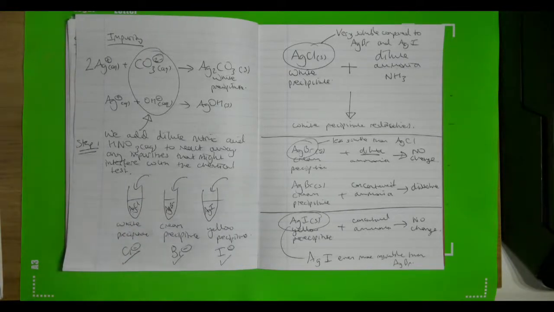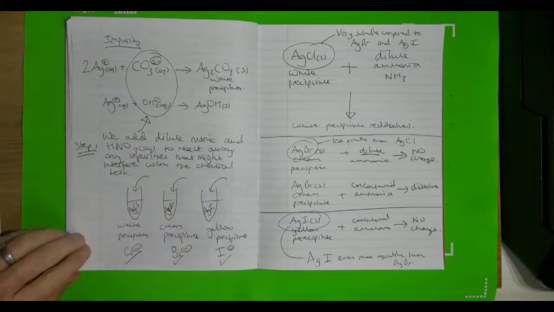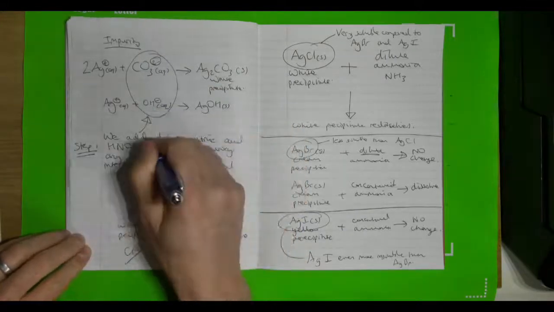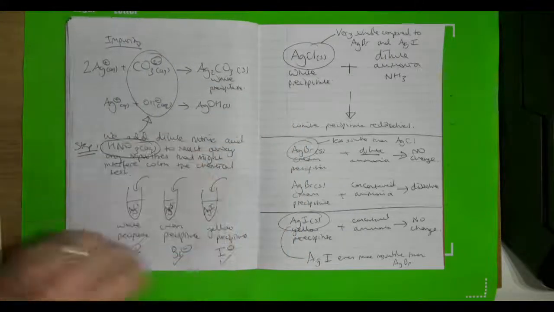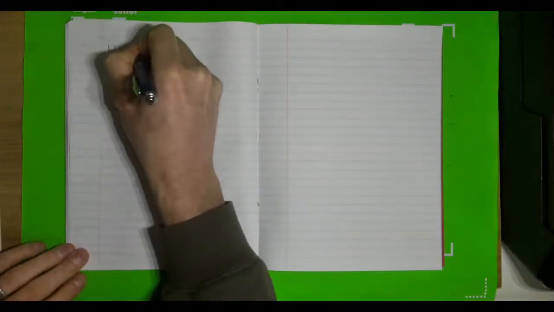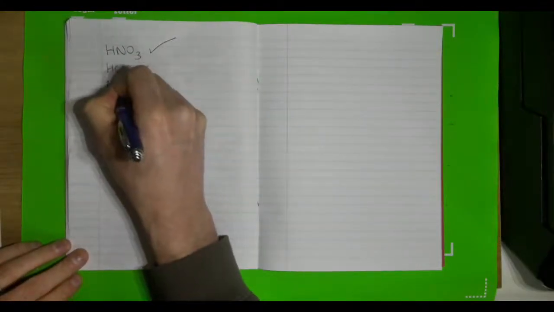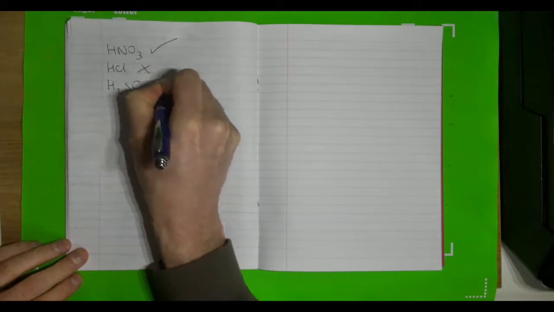Now, I did say at the very start, step 1, the acid that we have to use to react away any impurities was nitric acid. You cannot use hydrochloric acid, and you cannot use sulfuric acid, and you need to know why.